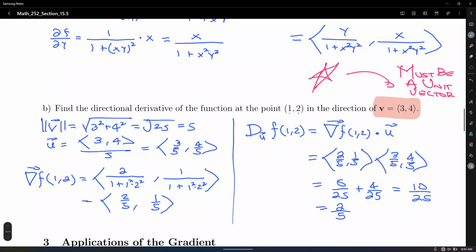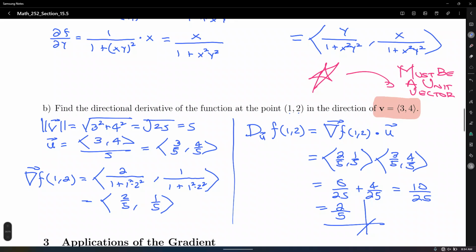But there's a funny coincidence here. The directional derivative in the direction of the vector 3, 4 is exactly the same as the slope in the x direction. It's just a coincidence, right? It's nothing weird. It's nothing crazy.